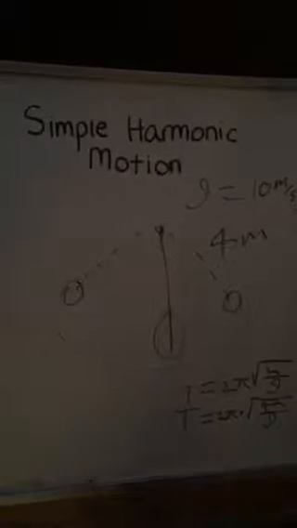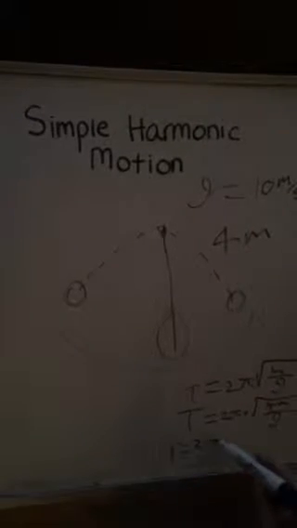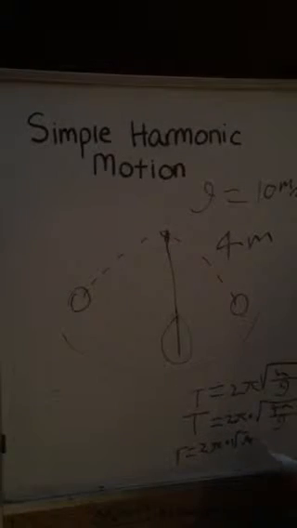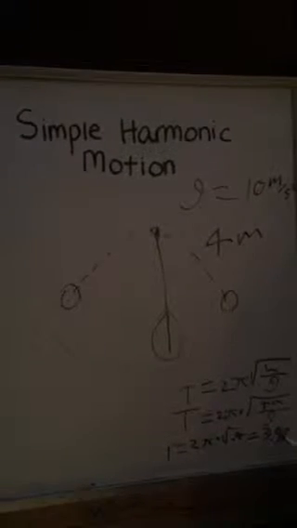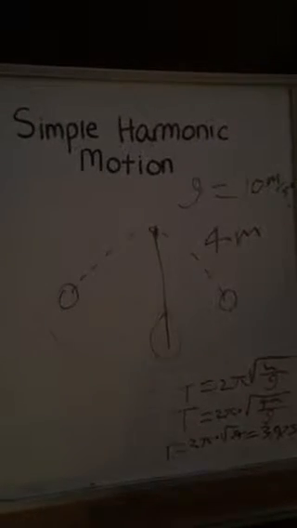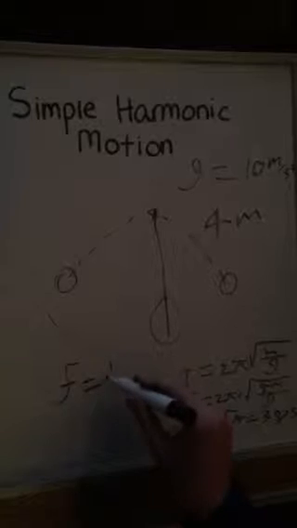Now, if we plug this into a calculator, we'll find that T equals 2 pi times the square root of 0.4, which would then equal 3.97 seconds.